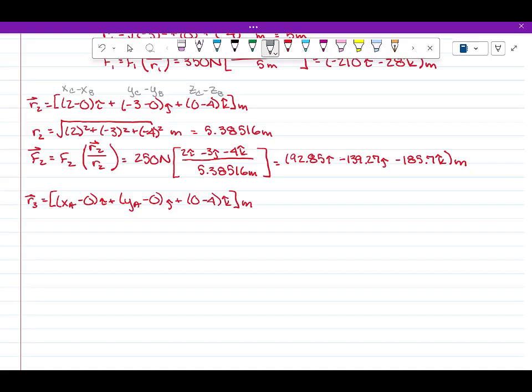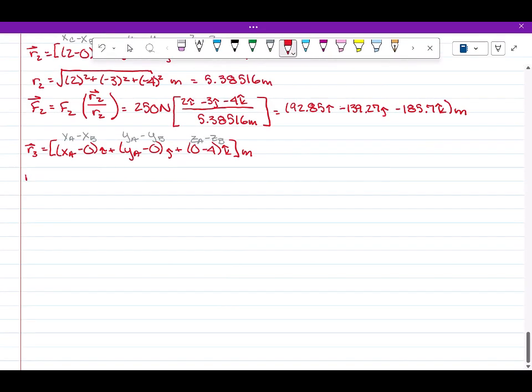Therefore, XA minus 0 i, plus YA minus 0 j, plus 0 minus 4 k. Next, the magnitude is equal to the square root of XA minus 0 squared, plus YA minus 0 squared, plus 0 minus 4 squared, or the square root of 16 plus XA squared plus YA squared.